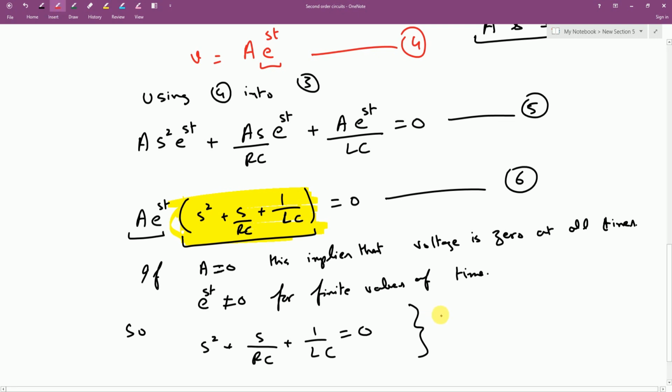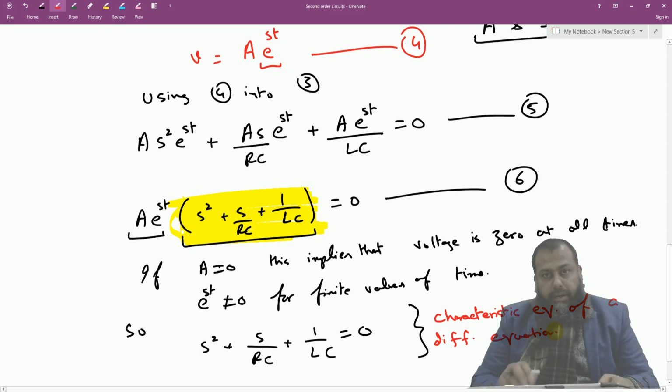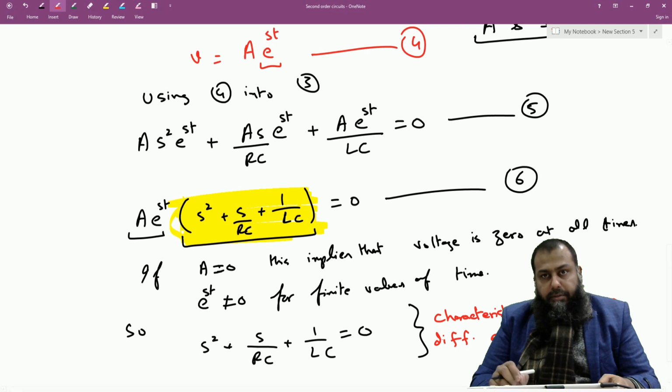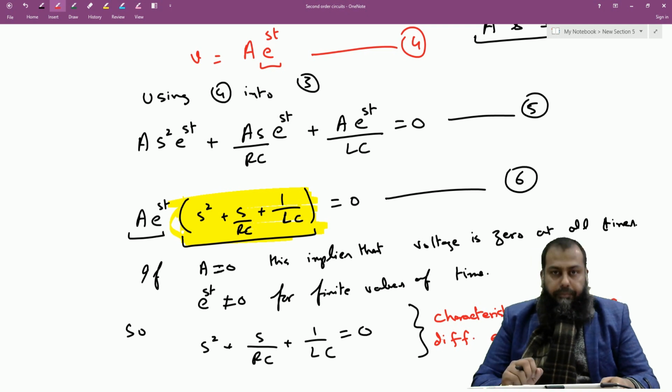This is the characteristic equation of a differential equation, and the roots of this particular equation determine the value of the voltage v(t).